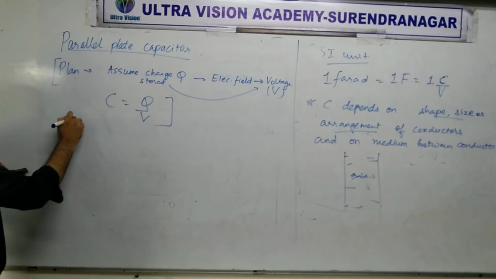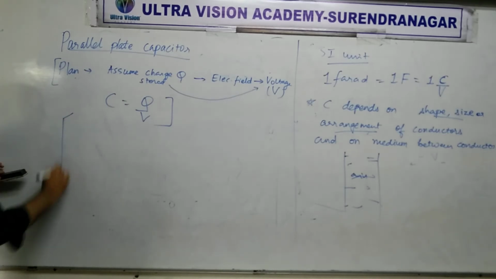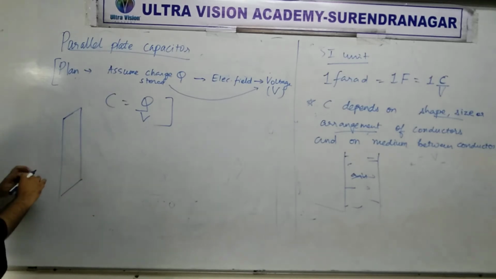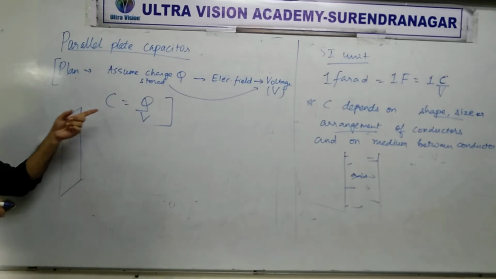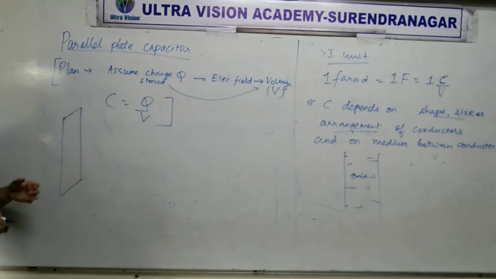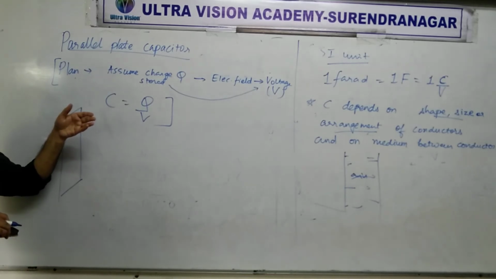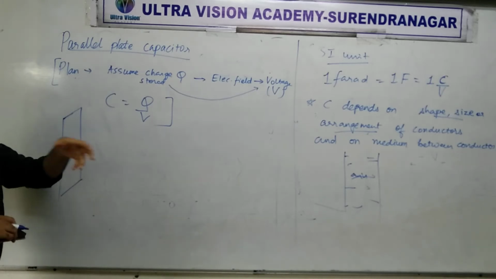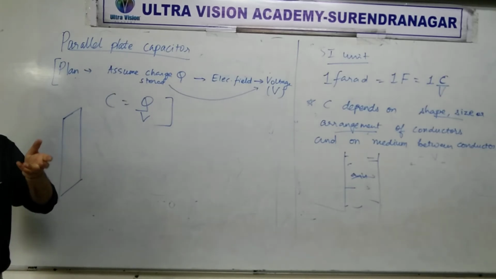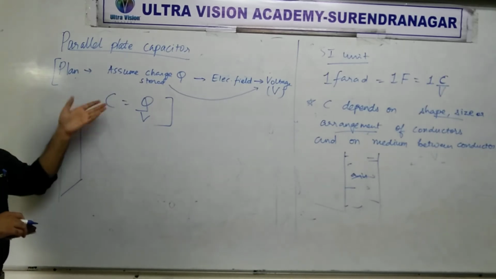So let's say that there are two sufficiently large plates. Okay, I'm erasing the plan. Have you noted down the plan? Yes. Why was the plan written? You have to learn the derivation, and such a problem can come: this is a given system, find its capacitance. Understood? Okay, so erase this.